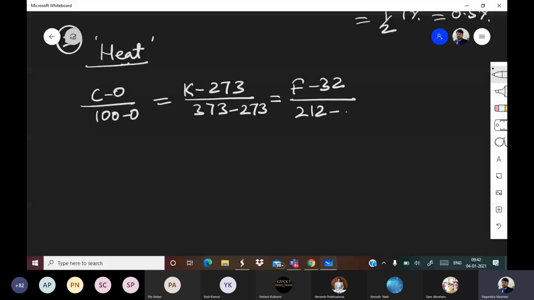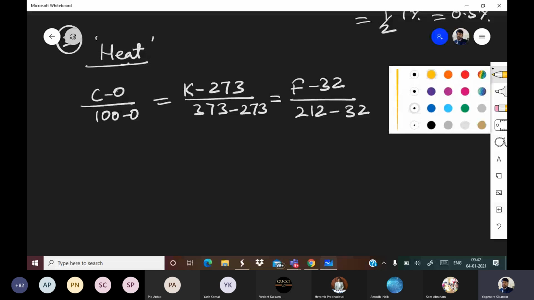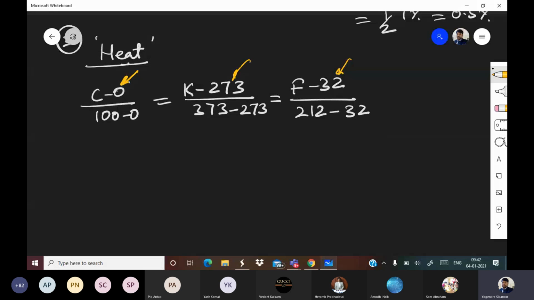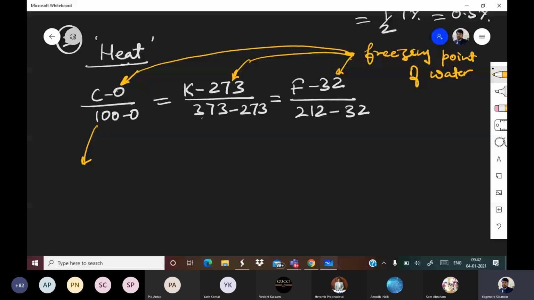In all the cases, this temperature or this temperature are basically the freezing point of water, and this temperature or this temperature or this temperature is the boiling point of water.